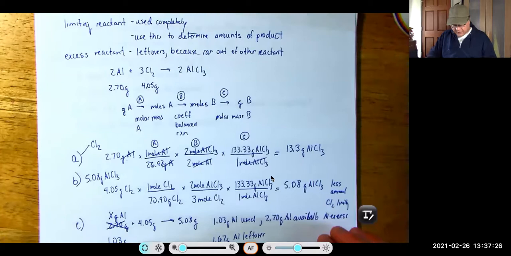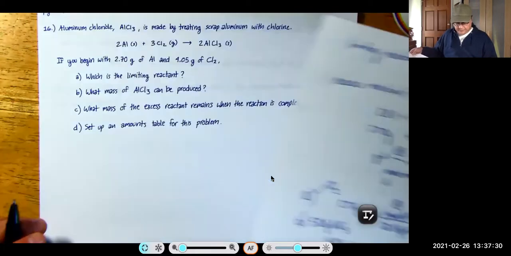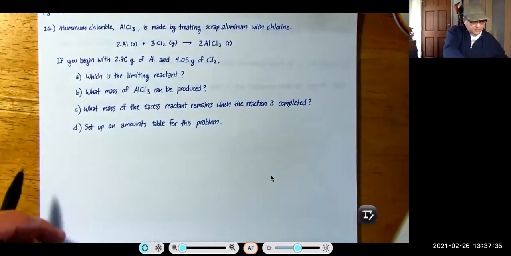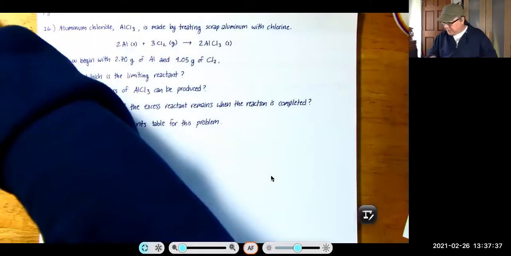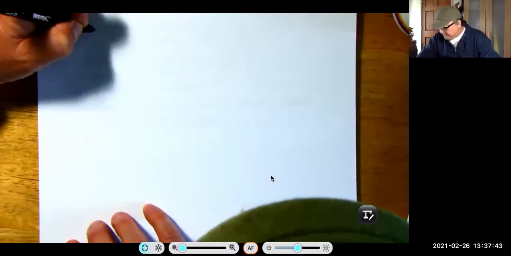Another way to do it, though, is this says set up an amounts table for this problem. I'm not going to bother doing that. But another way to do this is the other way of finding out which one is limiting and which one is in excess.